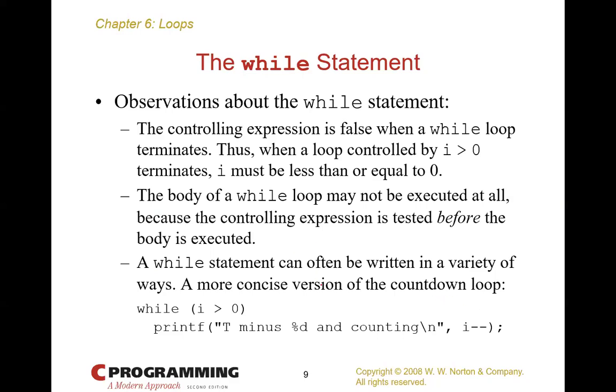A while statement can often be written in a variety of ways. A more concise version of our counter is this. We put the decrement operator inside of the print statement. This is a simple approach. Instead of writing i and then on the next line decreasing i, you could actually write i-- here, because we know that it won't change the value of i now, it will change it later after using it on this line.